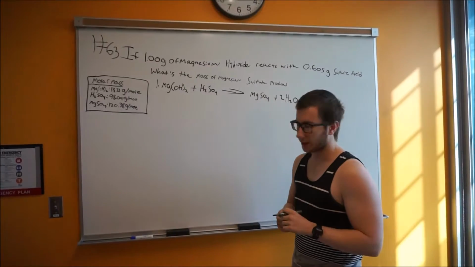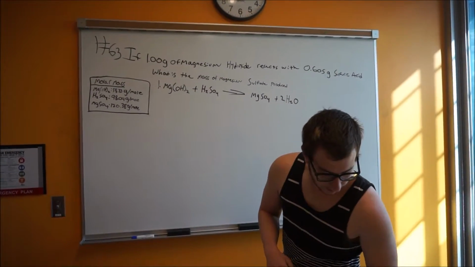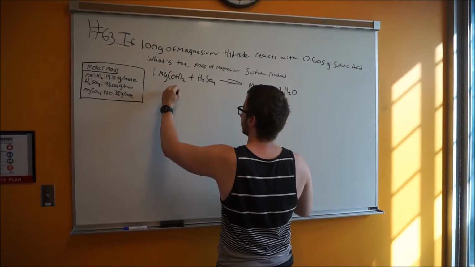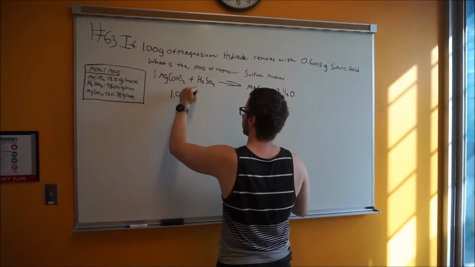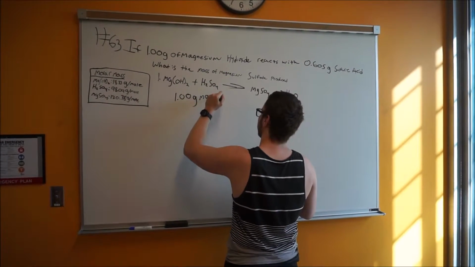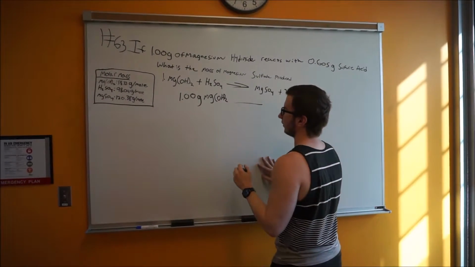You start off with the known, which is the 1.00 grams of Mg(OH)2. Then we want to convert that to moles.